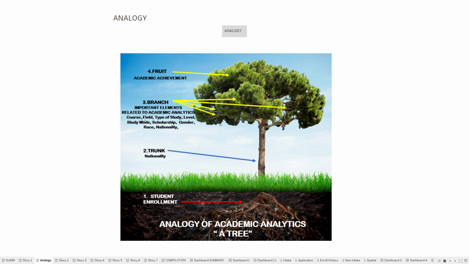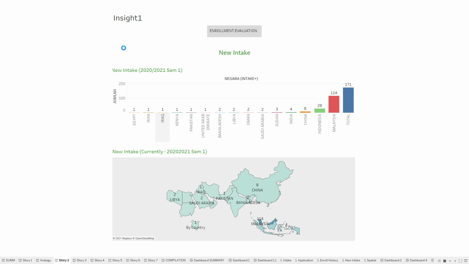We focus on nine elements: course, field, type of study, level, study mode, scholarship, gender, race, and nationality. And then the fruit is the core, the academic achievement, which is where we want to see how the achievement of the students is. We go to the next, the insight one.